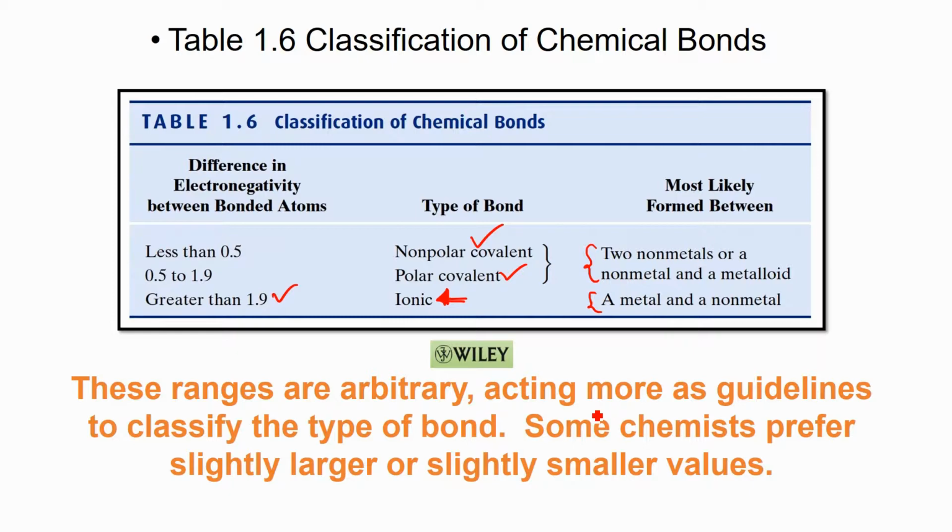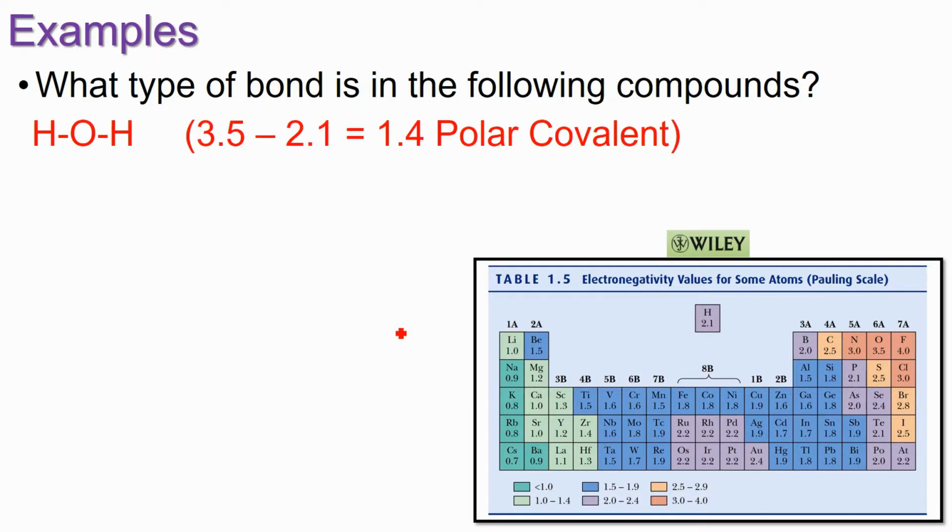Sometimes we need more classifications to determine the type of bond. Like I said, where you have similar Pauling scale numbers between two atoms you're comparing, then you can decide the type of bond. But most likely you're going to be looking at a covalent bond. Alright, so what type of bond is between H and O in water? Now, again, you're going to use this table that's going to be provided in the test.